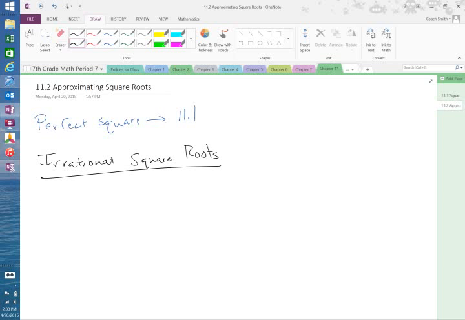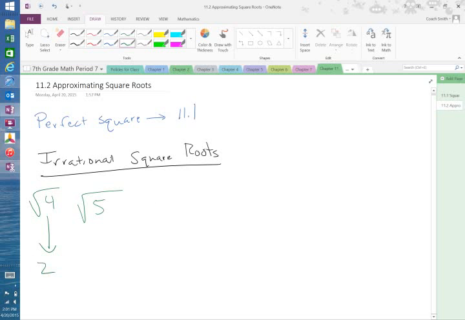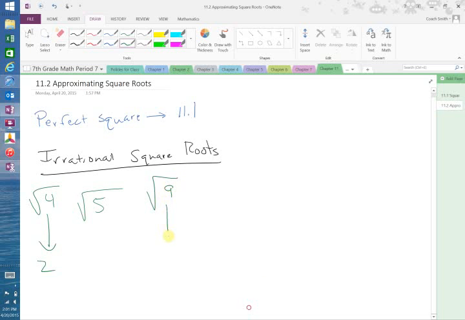There is an approximation of the square root. So, for example, the square root of 5 falls between the square root of 4, which is 2, and the square root of 9, which is 3. It falls in between those two.